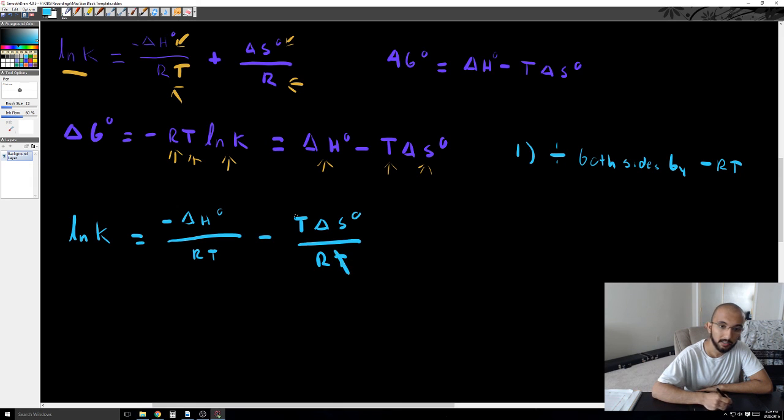And of course T cancels out, and we're dividing by negative RT, so the negative cancels and this becomes a positive. And so now we can just draw out the equation.